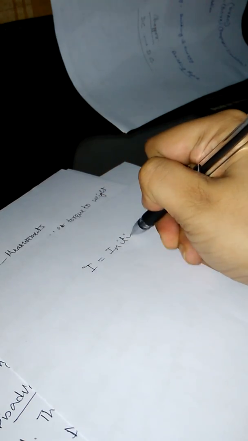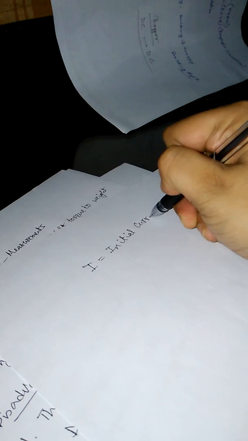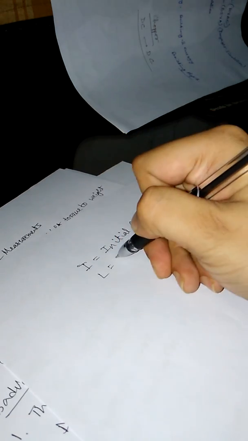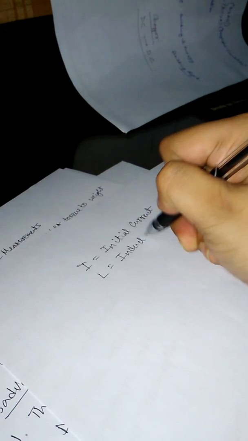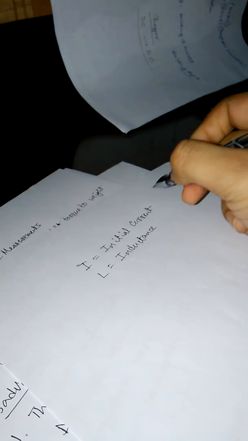Suppose there is an increment of current, di. I is the initial current flowing through the instrument, L is the inductance of the instrument, and theta is the deflection.